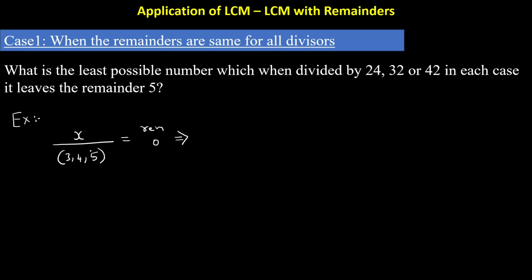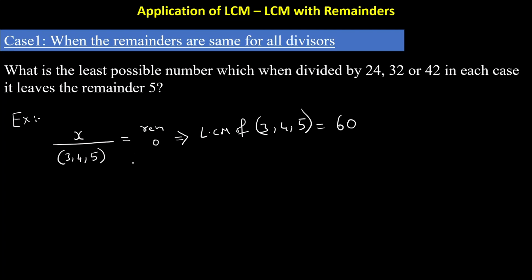For all three numbers, it should be the same, meaning it should be a common multiple of 3, 4, 5. So we need to find the LCM of 3, 4 and 5. What is the LCM? 60. So 60 is the least possible number where we will get the remainder as 0.